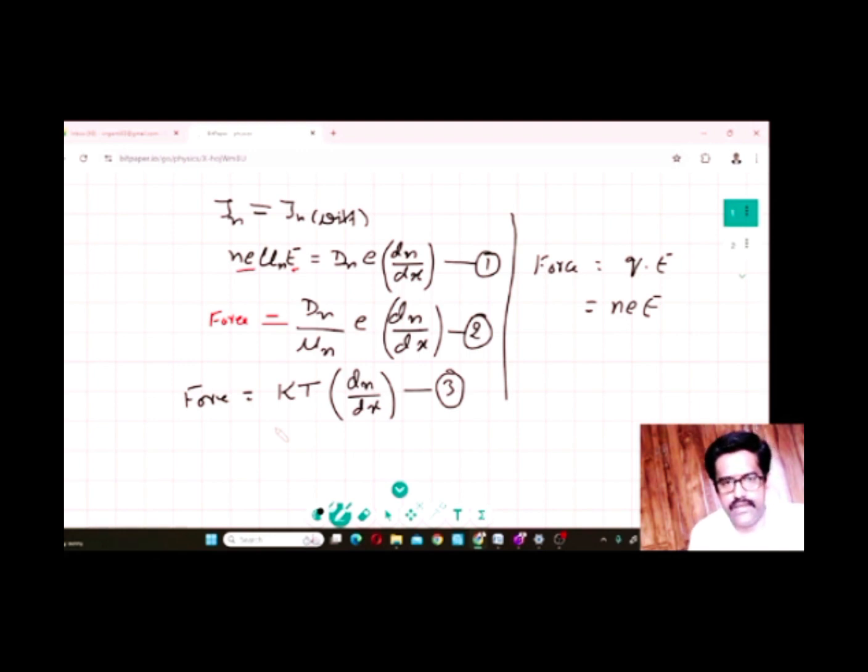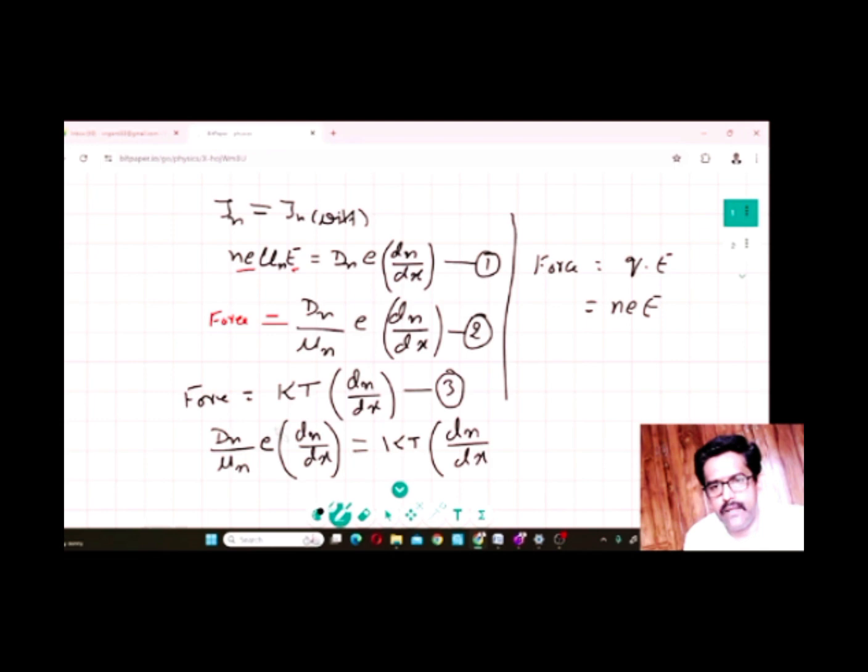Then we get Dn by mu n into the charge into the concentration gradient dn by dx equal to kT into dn by dx.